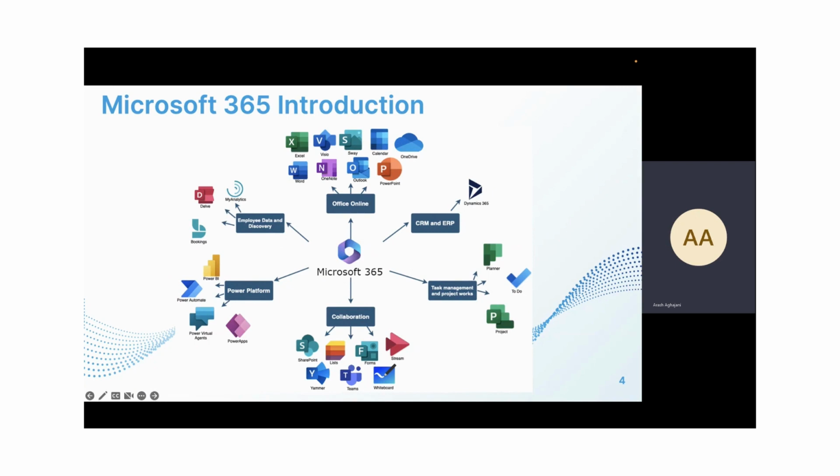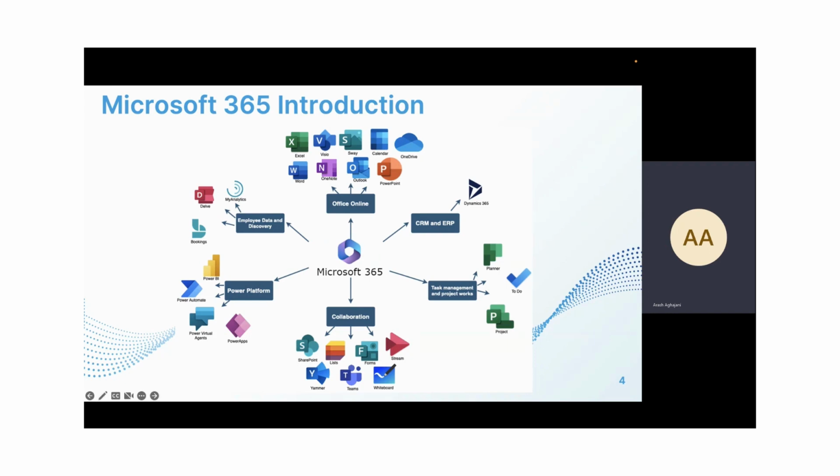Microsoft 365 is the new name for Microsoft Office 365 and is a subscription-based evolution of Microsoft Office, featuring familiar programs like Word, Excel, PowerPoint, but with additional tools, including but not limited to SharePoint, Teams, Yammer, and so many tools that you can see in the picture.